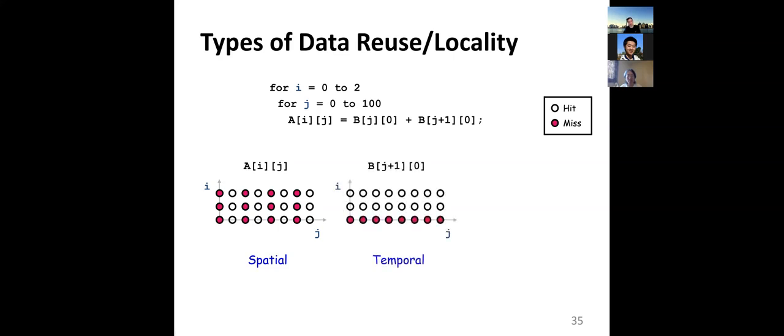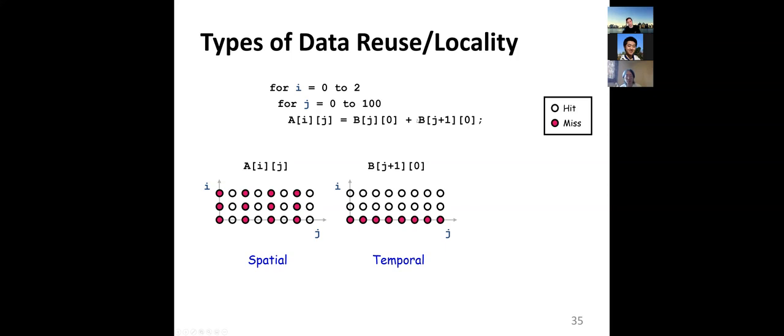Another locality is temporal. So for example, if we look here, we look at B[j+1][0]. At the beginning, in the first iteration, when I go through all the j's, right, this is going to be all misses, right? Because it's going to be B[1][0], B[2][0], and so on.